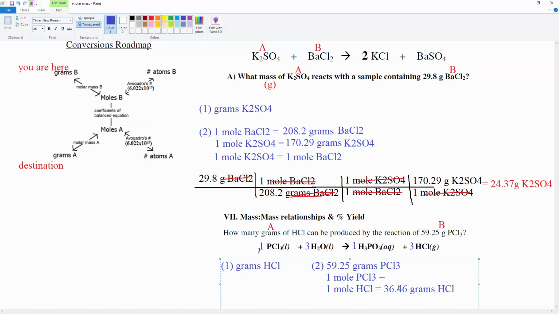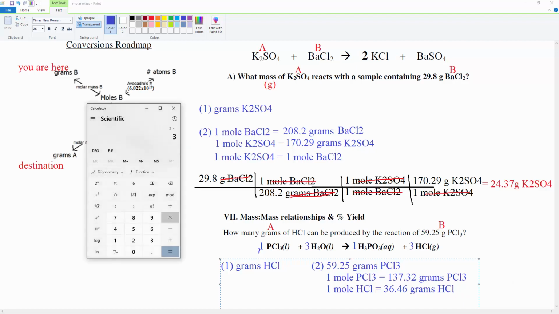You don't have to memorize the periodic table, but if you use it enough, you just remember stuff. And, oh good. We've got 137.32 grams PCl3. That sounds about right. Phosphorus being about 30 grams, and then you've got 3 chlorines. So yeah, plus 31 grams for phosphorus.